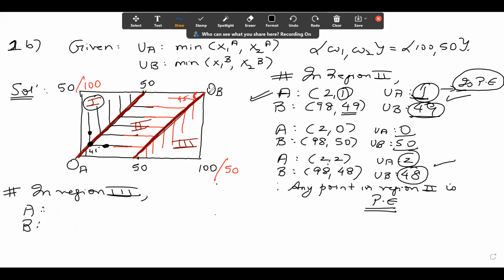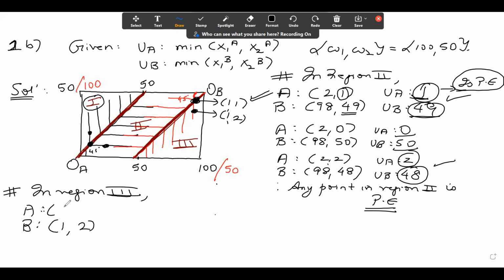From B's origin, guys, this will be 1,1. So if I take a point, say 1,2 from B's origin, it will lie somewhere here. If this is 1,1 from B's origin, then this point will be 1,2 from B's origin.